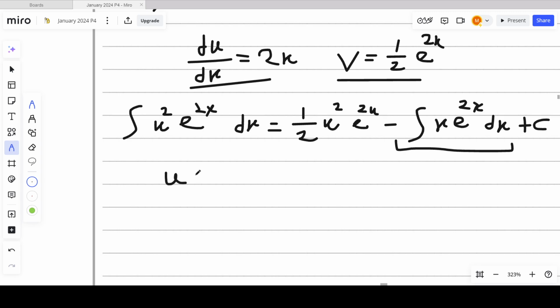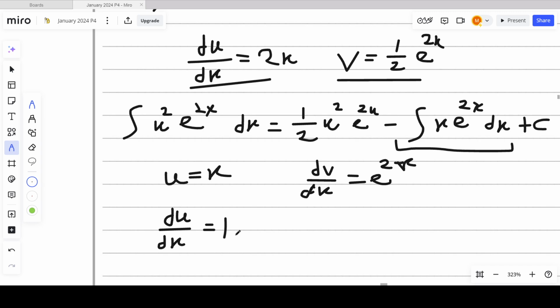Let u equal x, and dv over dx equal e to the power 2x. Then du over dx is just 1, and v is again half of e to the power 2x.